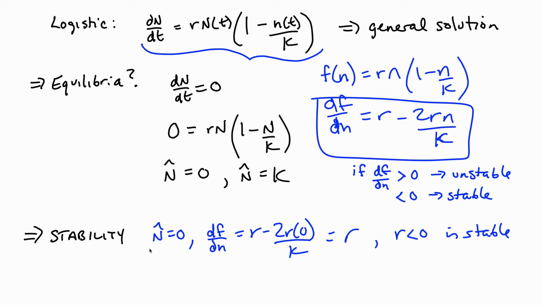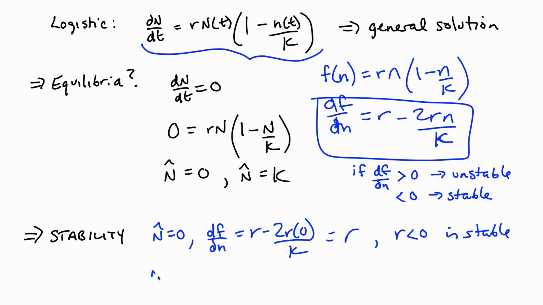Obviously, because if you go from n is equal to 0 to when n is equal to 1, and r is greater than 0, then your population is going to start growing, so it's not a stable equilibrium point. But if your population starts at 0, and you perturb it, you go a little bit away from equilibrium to n is equal to 1. If r is negative, you're going to go right back down to population size of 0, and that's stable.